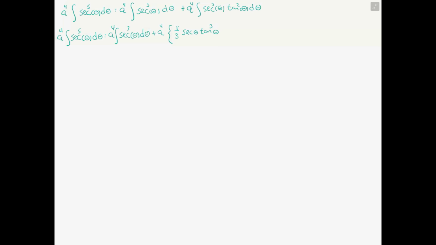But here we go. We're putting in our expression for that second term, that second integral, secant to the third theta, tangent squared theta. We're putting in that expansion.